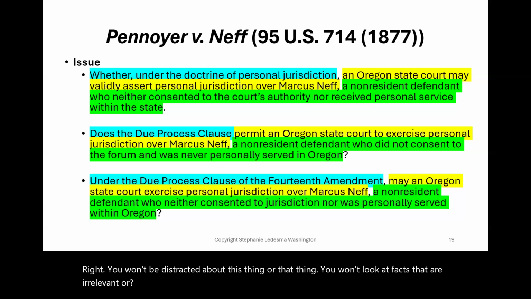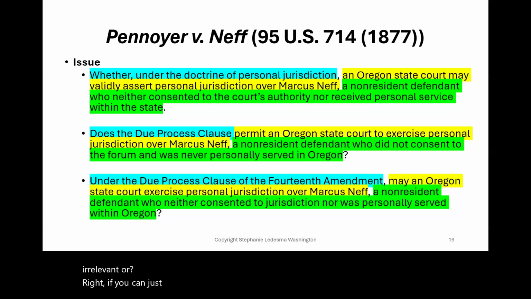If you can just focus, what is the question that's being asked? And if you can identify in the beginning the rule of law that is going to yield the answer, oh, it makes the whole process of analyzing it so much cleaner, so much easier to organize, right?